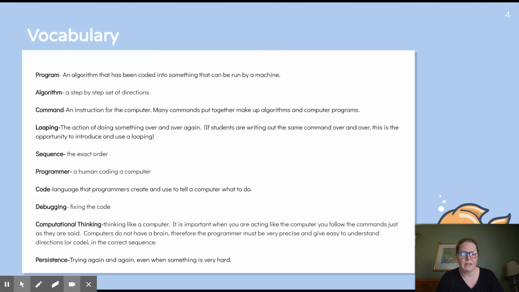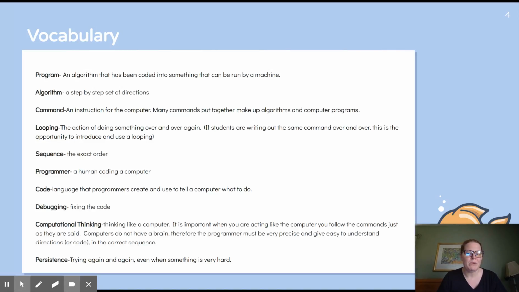A recipe, for example, is an algorithm. And then you have commands within those algorithms, and they are instructions to the computer. The computer does not operate without instructions. Looping is the action of doing something over and over again. The sequence is the exact order.